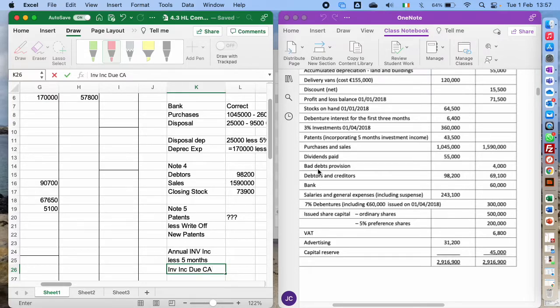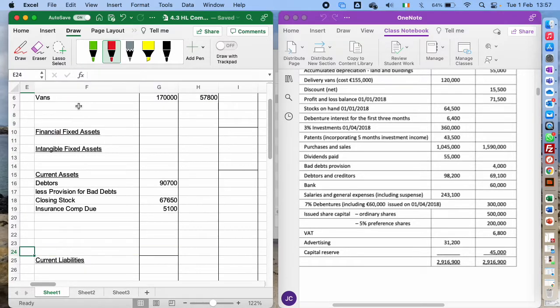So I'm going to deal with this one first. But whatever this 5 months figure is, that's going to have to be taken out of patents so that I can then decide how much to write off. So, and that means that I'll be able to put numbers in for my investment. So if I just quickly look here, 3% investments, 360 grand, and it came in on the 1st of the 4th. So I'm just going to put that up here first.